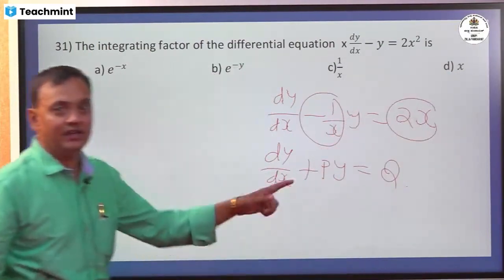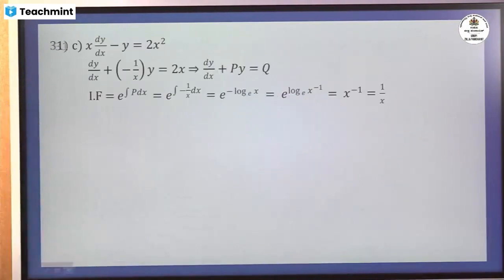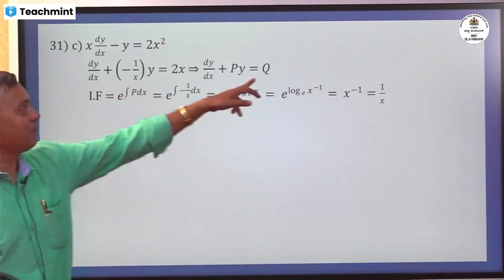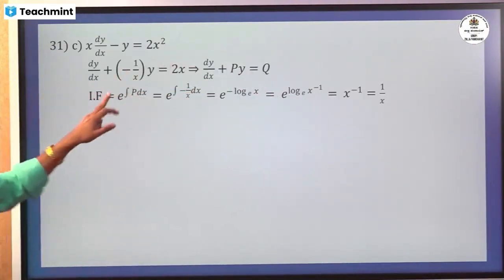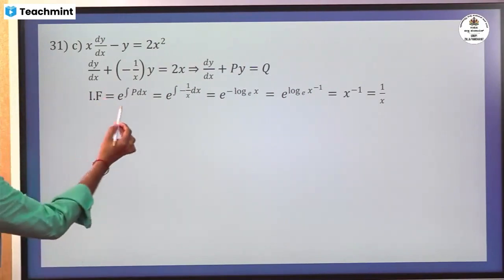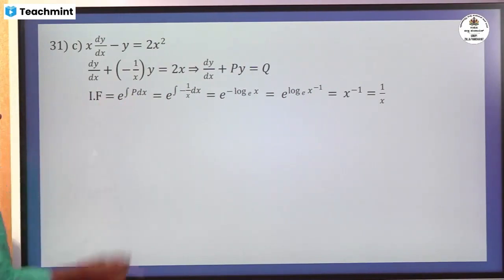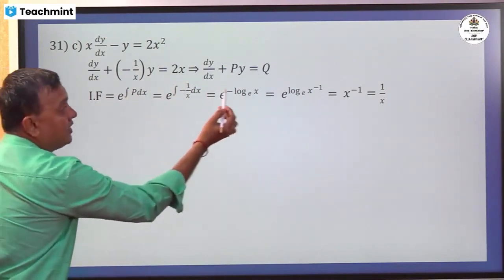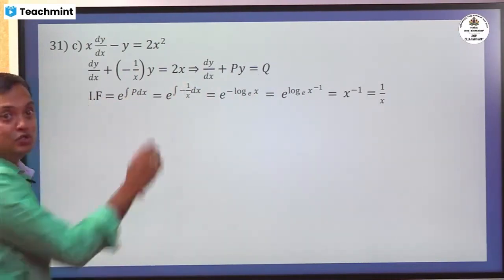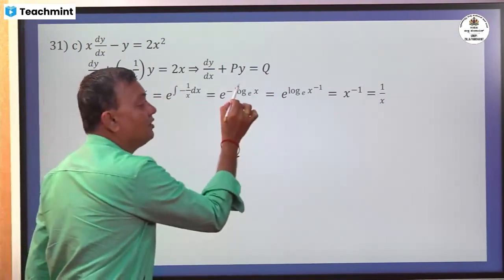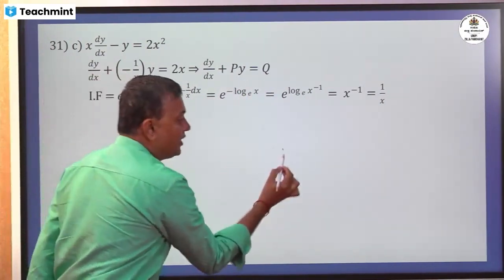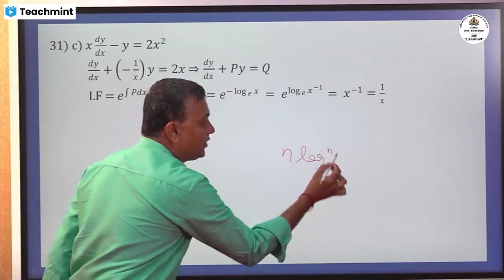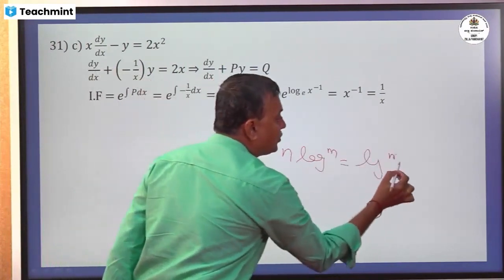So ಯಾವುದು ಇಲ್ಲಿ p is minus 1 by x, q is 2x. Then integrating factor ನಿಮಗೆ ಗೊತ್ತಿದೆ, ಈಗ ಸ್ಟ್ಯಾಂಡರ್ಡ್ ಫಾರ್ಮ್ ಬಂತು. Integrating factor formula e power integral of p dx, ಯಾವುದು ಇಲ್ಲಿ p minus 1 by x. What is integral of minus 1 by x? Minus log x. Use logarithm theorem. We know n log m is equal to log m to the power n.